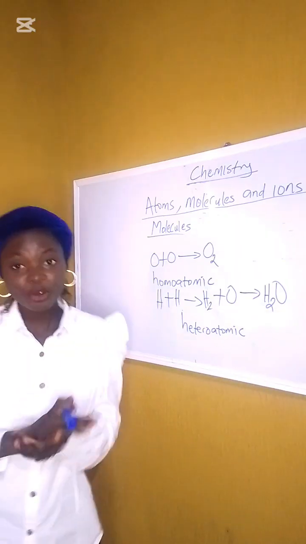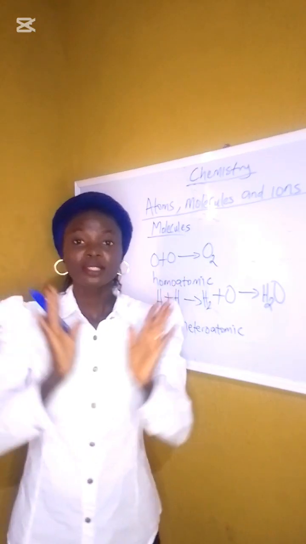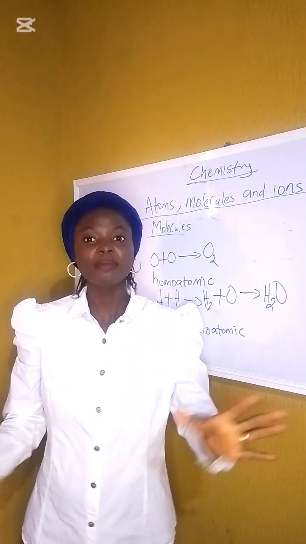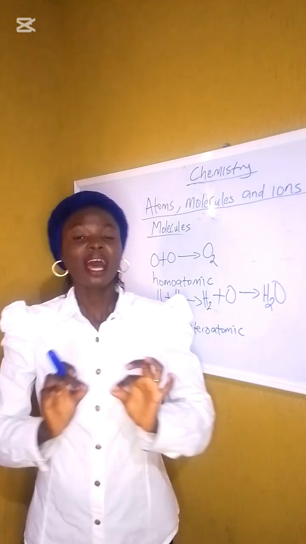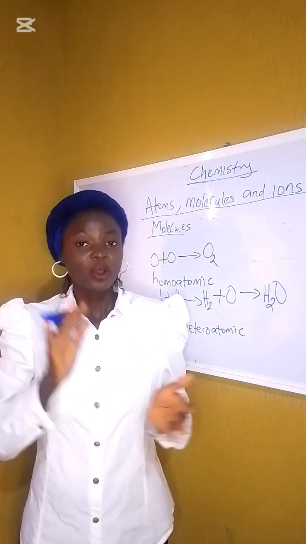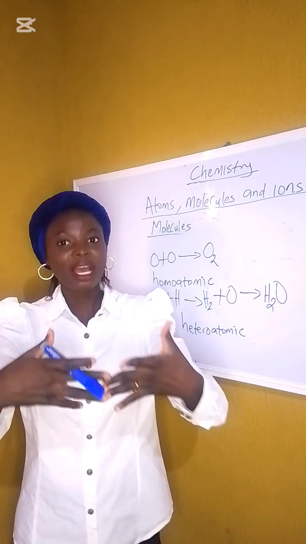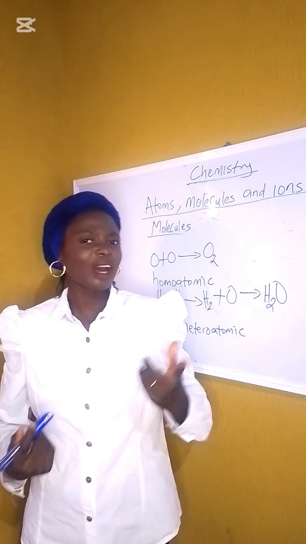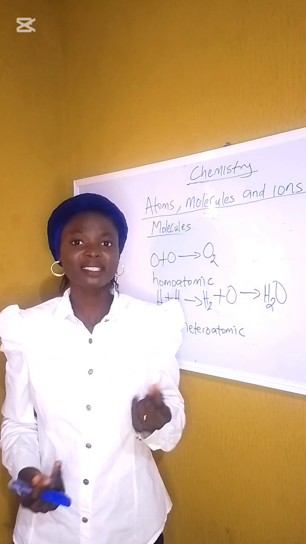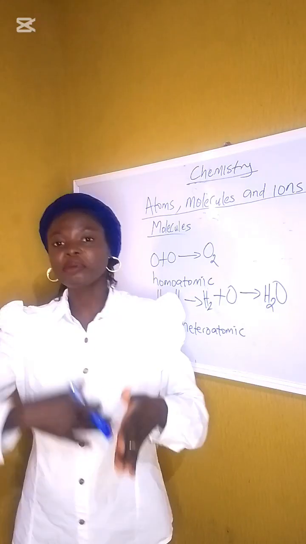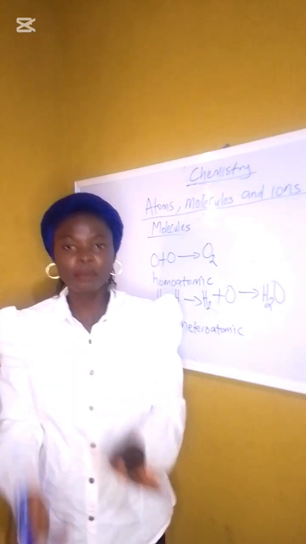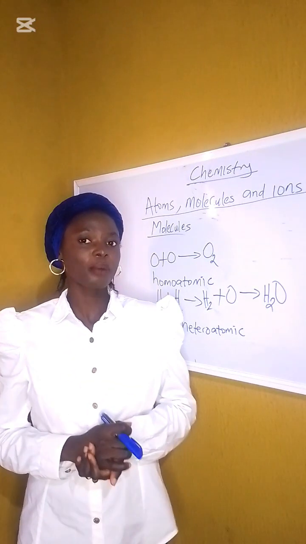So a molecule can be formed when atoms of the same element chemically bond together, and it can also be formed when atoms of different elements chemically bond together. Now, for some couple of days, I'll be talking about chemical bonding. What is chemical bonding?